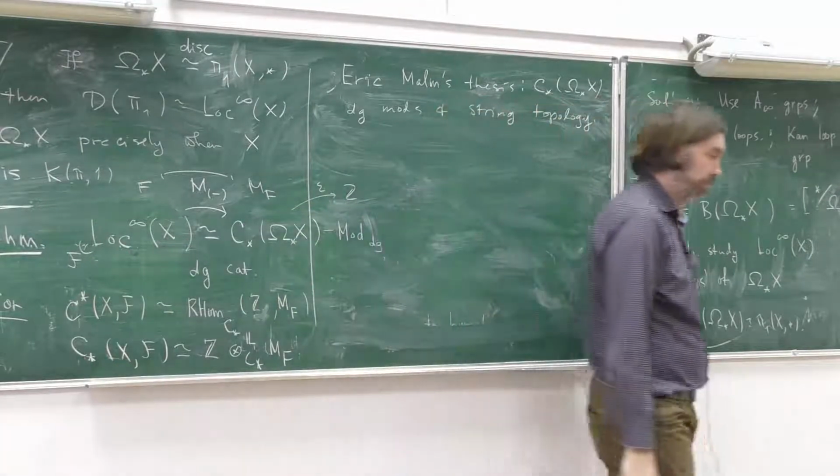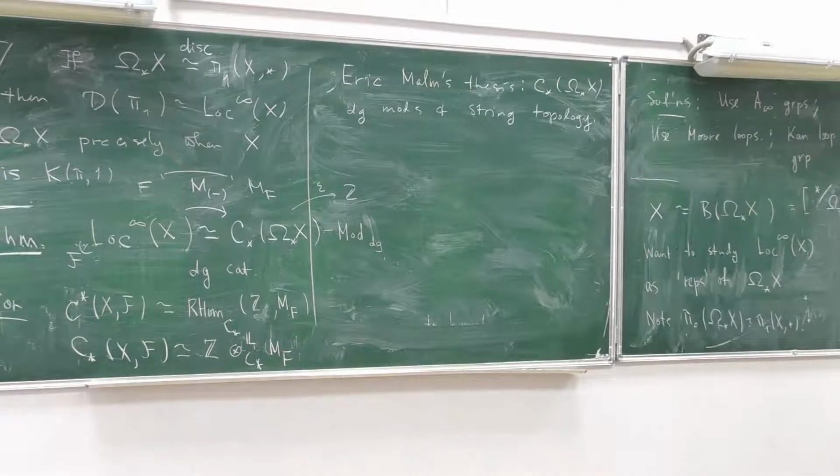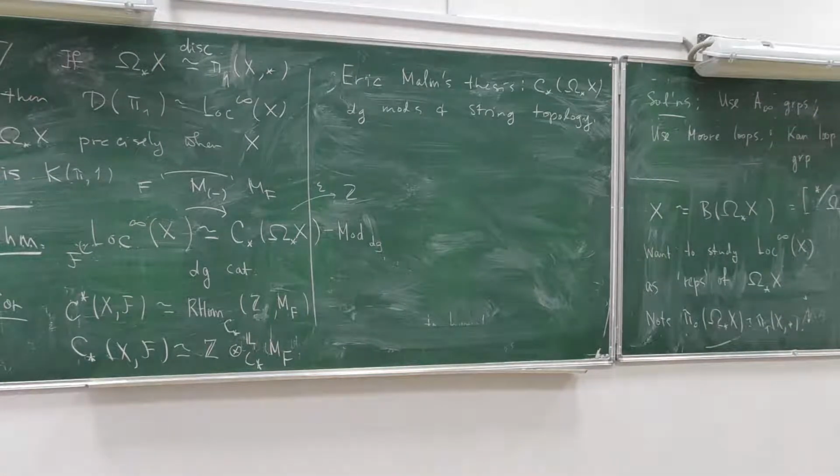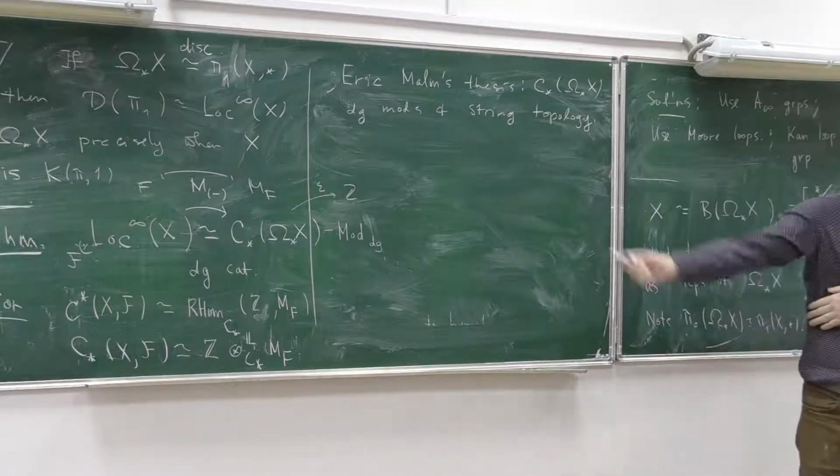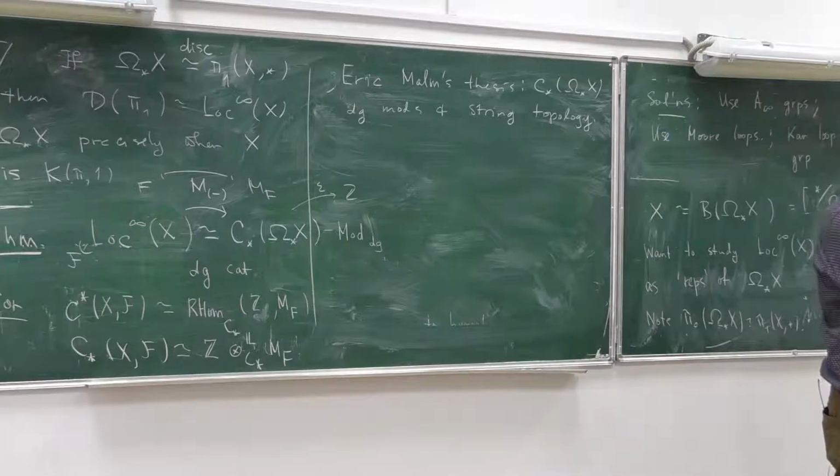So it's important that we take sheaves with locally constant cohomology in order to get something that's homotopy invariant. And it is homotopy invariant. If you believe this theorem, then it's clearly homotopy invariant. So the right-hand side is.